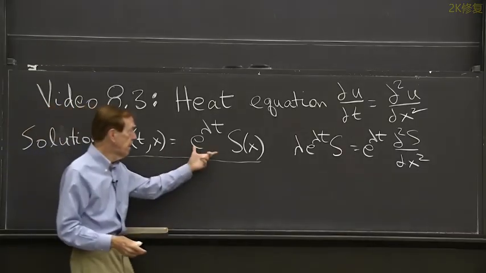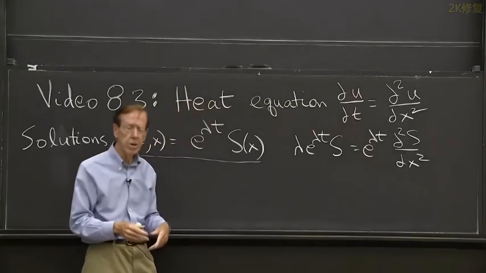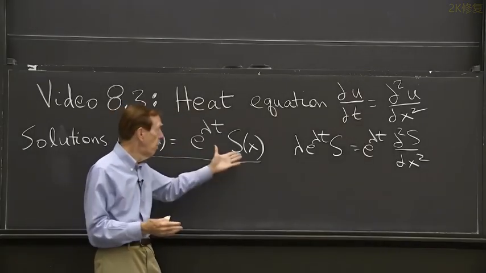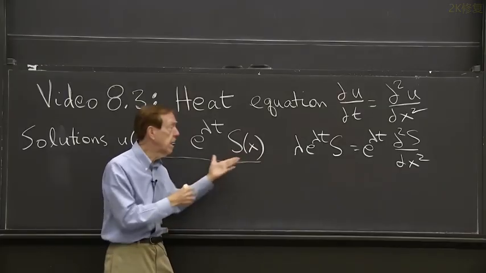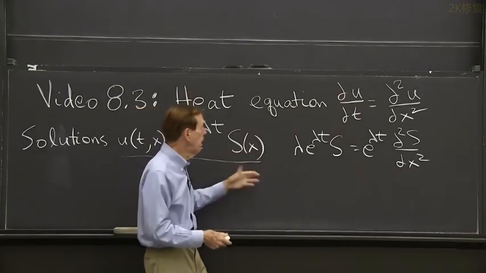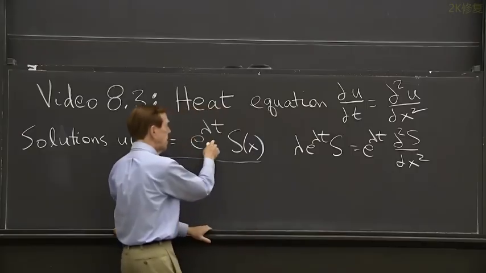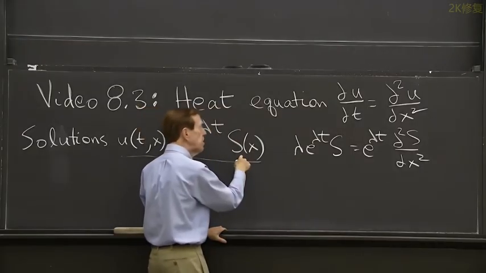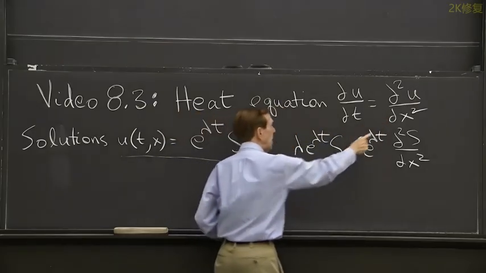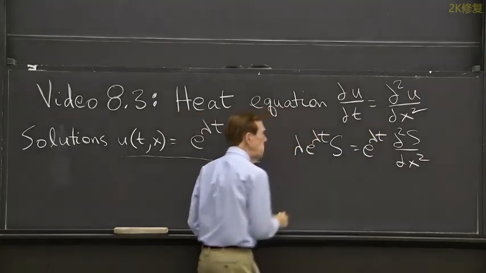And just as always, I substitute that into the differential equation to discover what determines s of x. The time derivative brings down a lambda. The space derivative has two space derivatives.